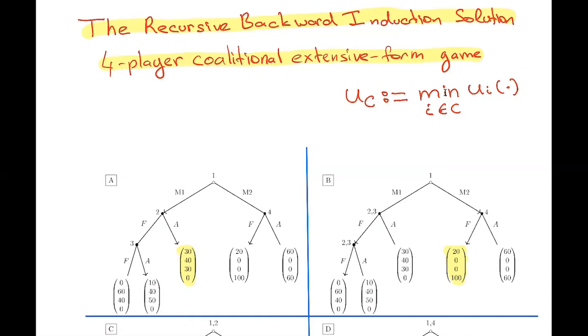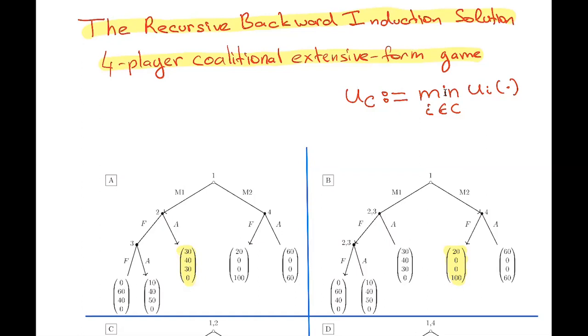In this talk, I assume that every coalition is feasible and that rational coalitions aim to maximize the minimum utility of their members. In general, coalitions may have any type of utility function as long as they are von Neumann-Morgenstern utilities.